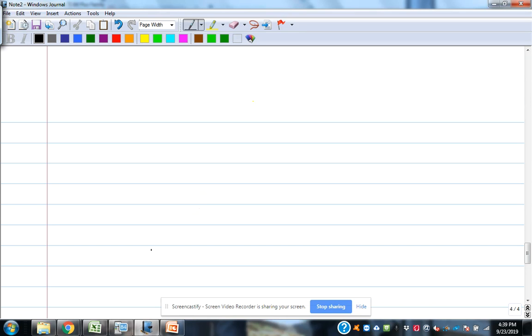Okay, so what we're going to do is take this problem, 2 parentheses x minus 3 squared plus 4. This is to find x-intercepts or zeros or roots or solutions, whichever one you're going to call it. And we're going to set it equal to 0. So first step would be move that k value over, so I'm going to subtract 4.